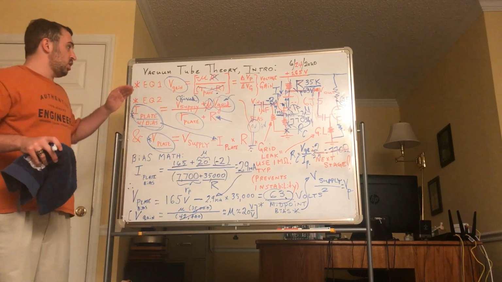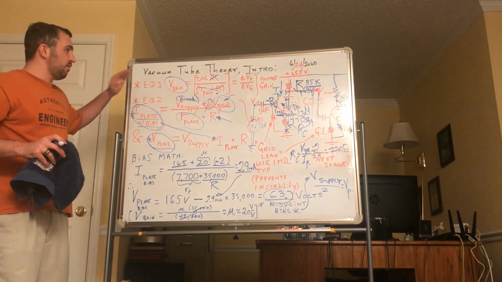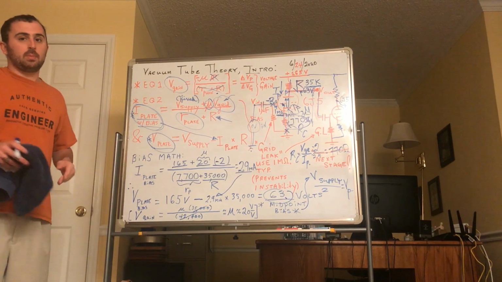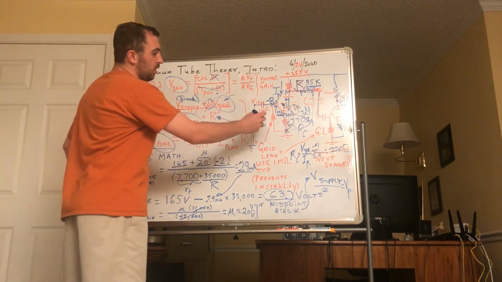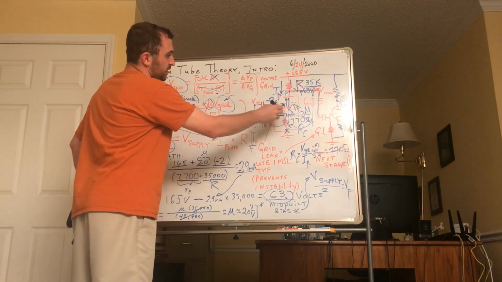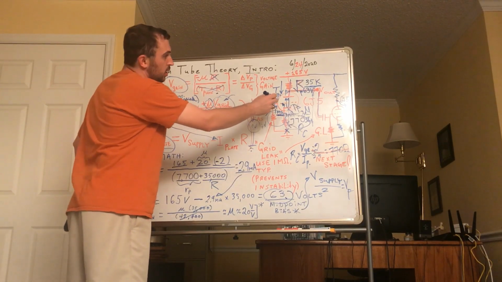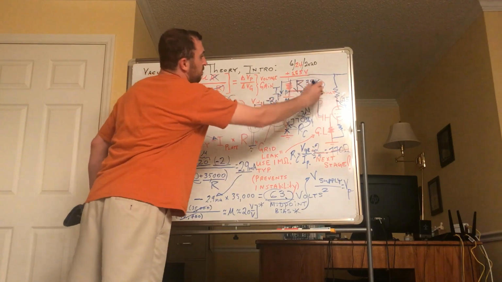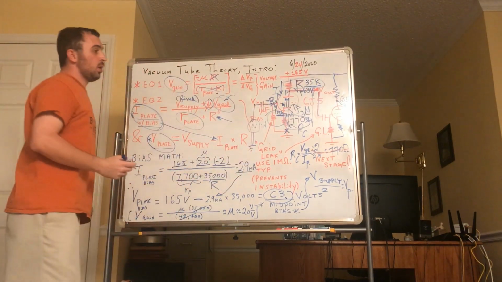So basically I've showed you how to bias, how to find voltage gain, and how to find input and output impedances. Now the input impedance is dominated by the grid leak, which is 1 mega ohm, the lowest resistance there. It's still very large. And your output impedance is dominated by the 35 kilo ohm.